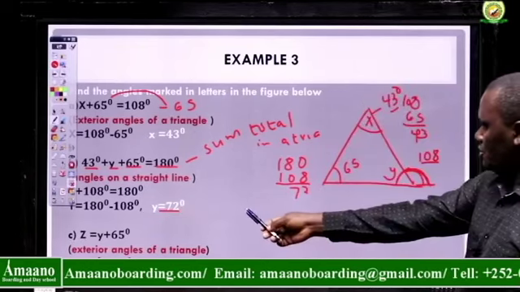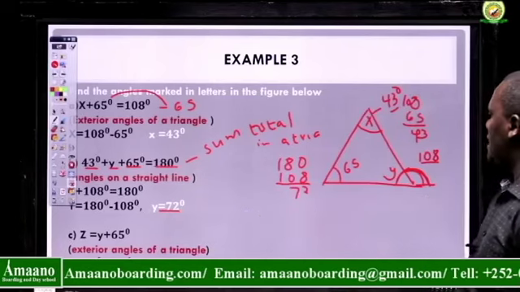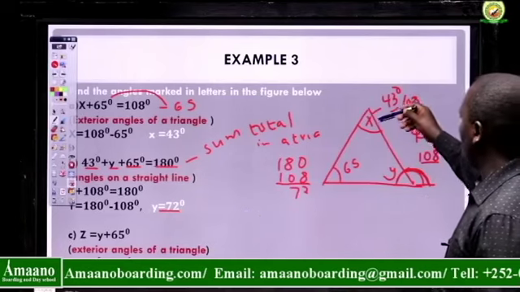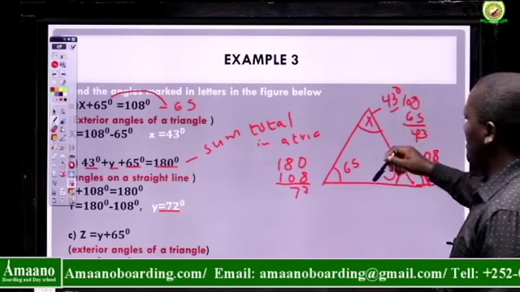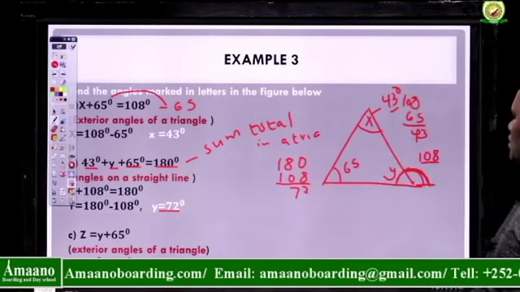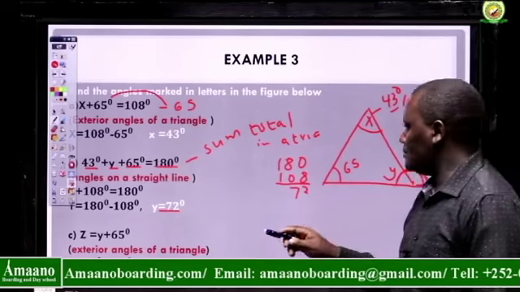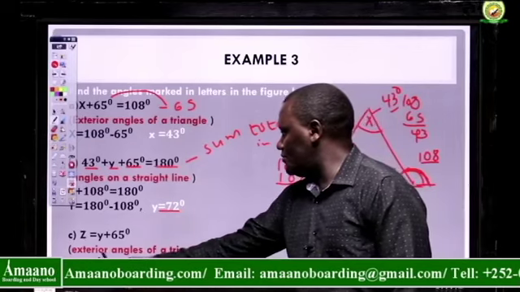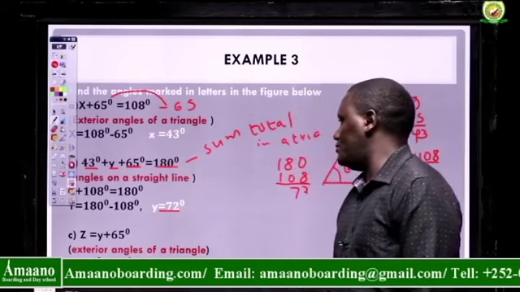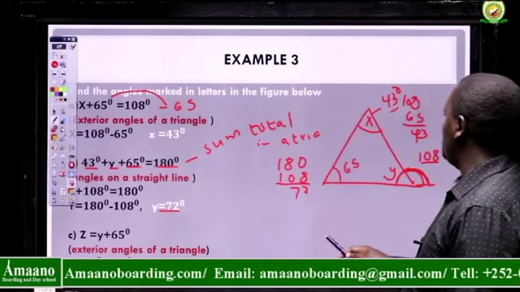Okay, let's go to the other part. Angle z. How will I find angle z? Because we have found this one, but angle z is missing. For me to find angle z, I will add: angle z equals 72 plus 65. How did I get 72?